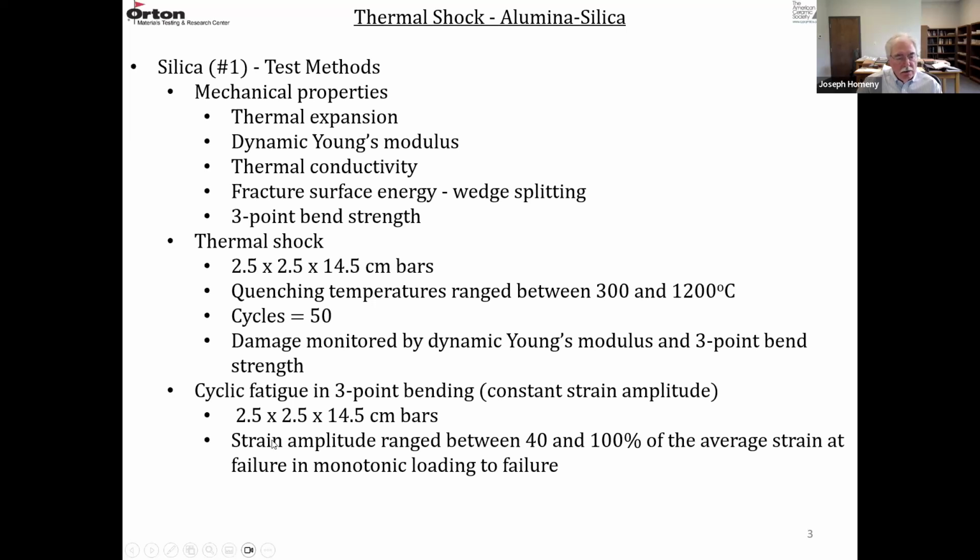And then the strain amplitude was run between 40 and 100% of the average strain at failure in the monotonic loading to failure. So the strain in the 3-point bend test was used as the maximum. And then in the cyclic fatigue, they were running between 40 and 100% of the maximum strain in a 3-point bend test. So the cyclic fatigue was done at different strains.